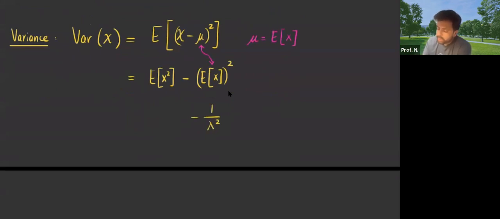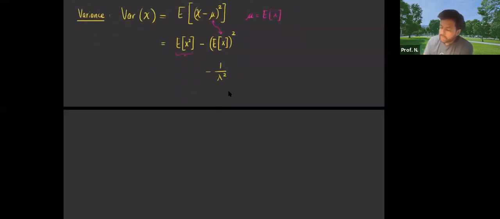But the question is, what is the expected value of x squared? So we have to go back to our definition of expected value of x squared. Well, we integrate from negative infinity to infinity of x squared times the probability density function.